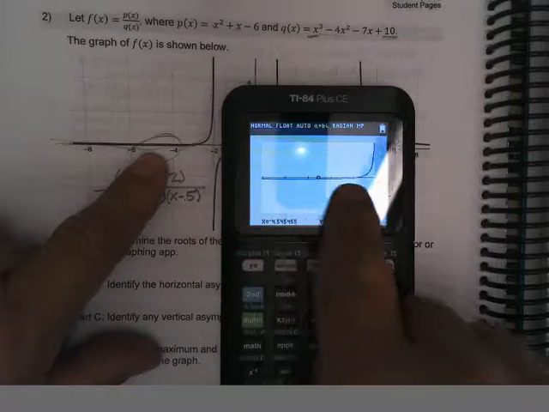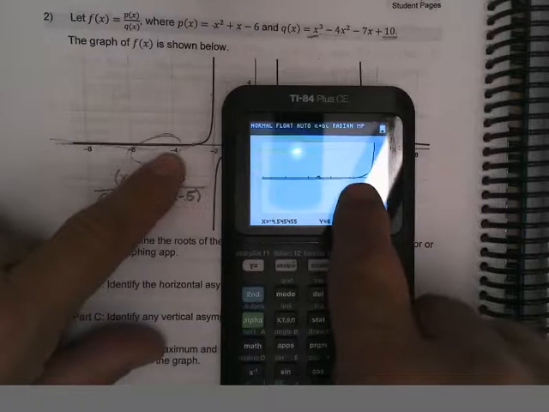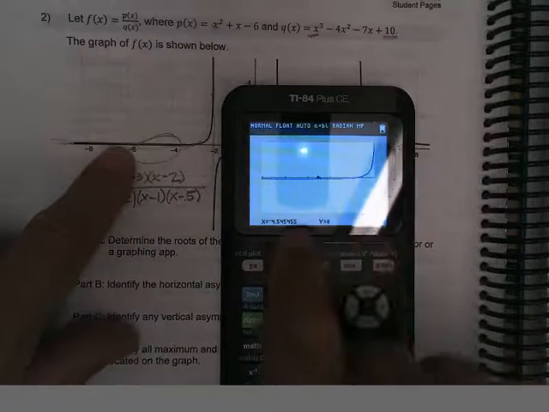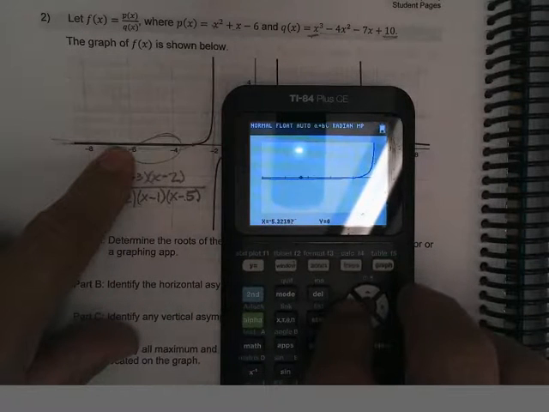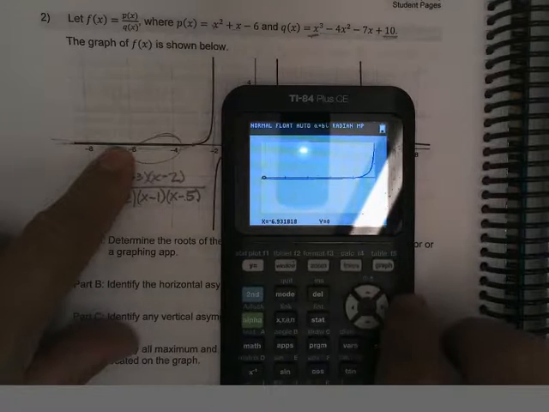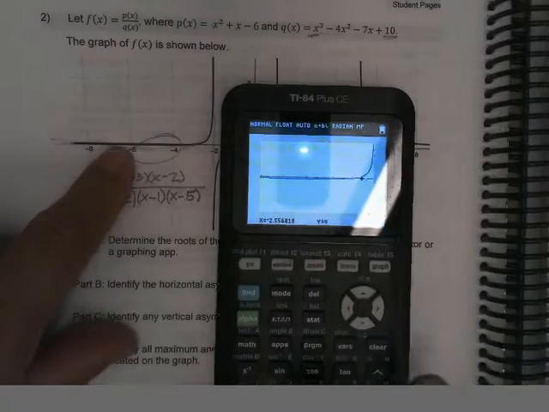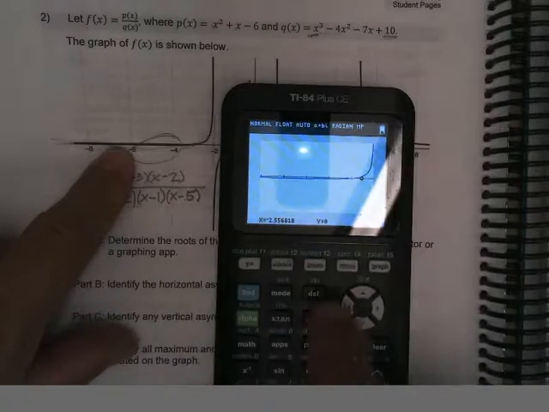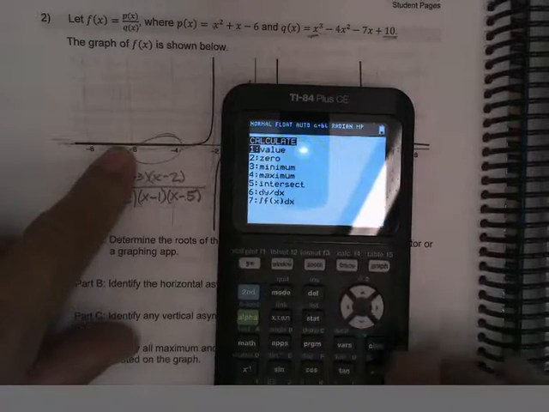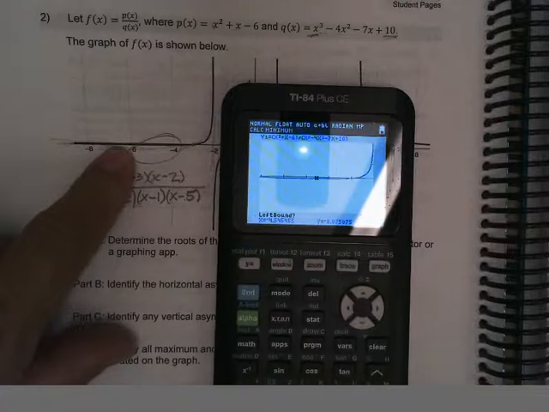So somewhere between minus 7 and minus 2 is a min. Second, calculate a minimum that's between negative 7 and negative 2.